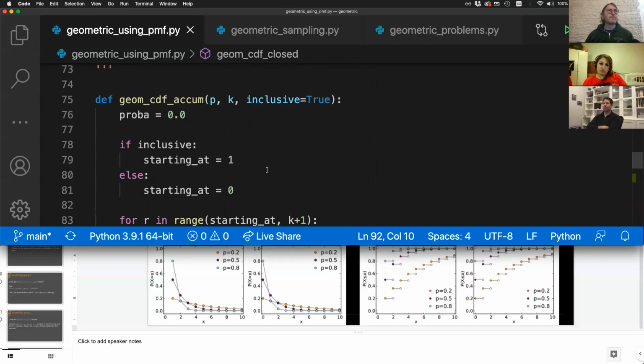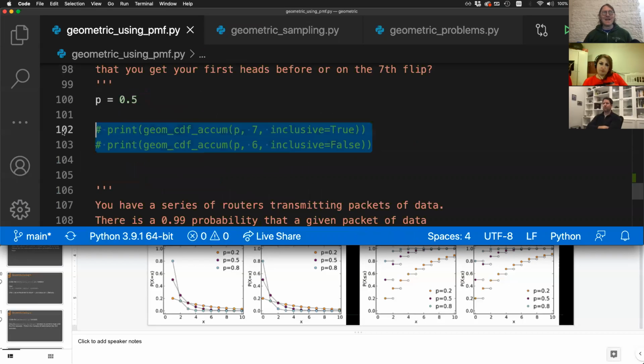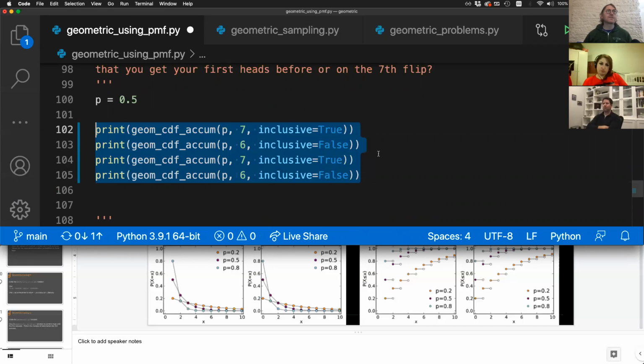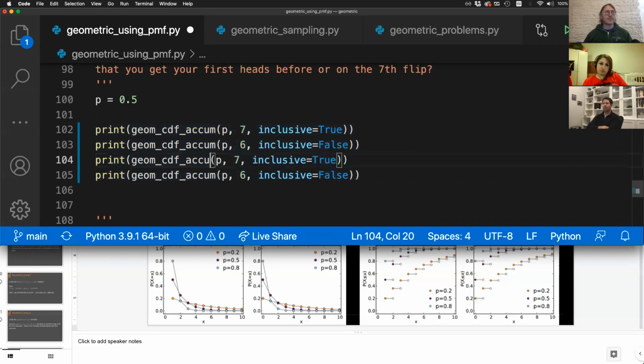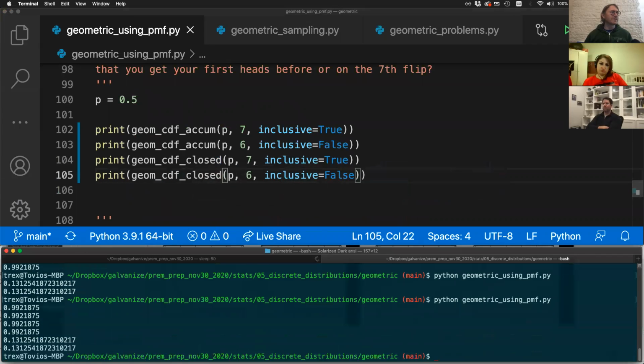So let me just verify that all of this is working as we expect it to before I leave you with anything that is incorrect. And I'll just check this with closed. So let's see if that is equivalent.